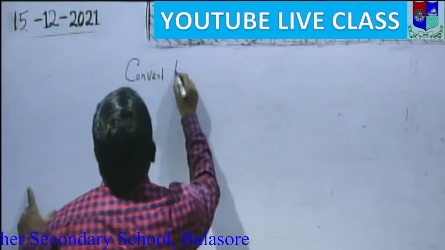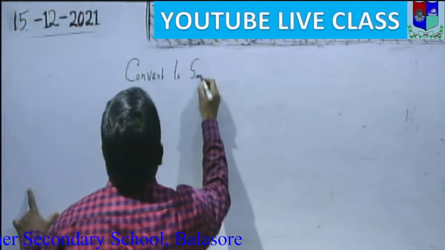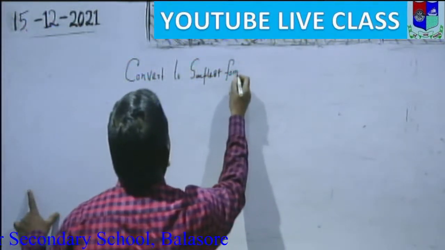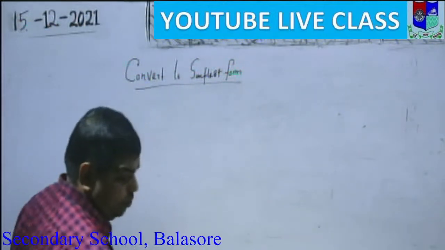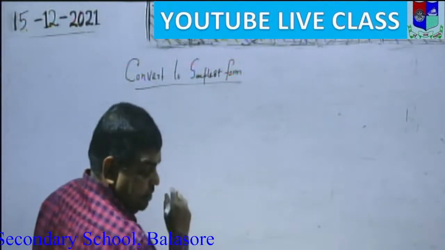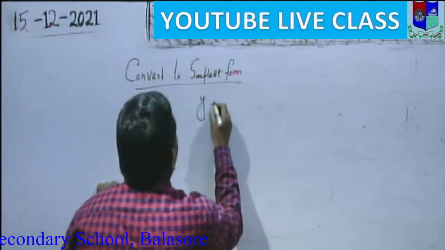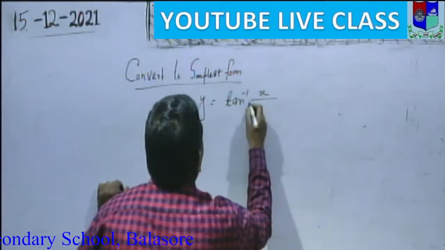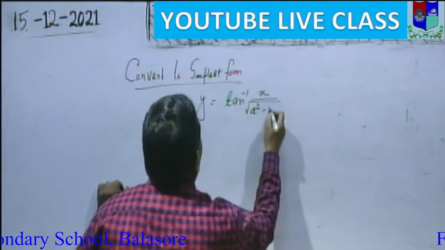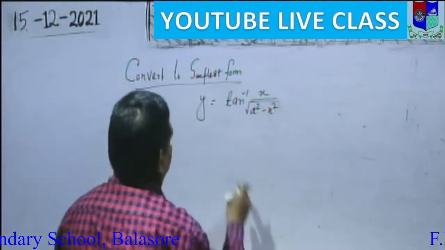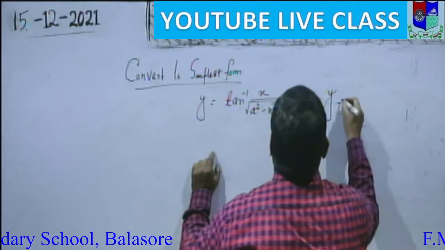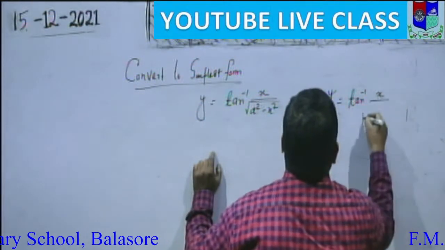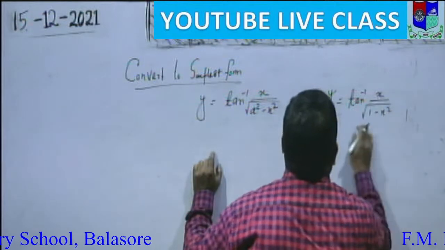Now convert to the simplest form. y is equal to tan inverse x by square root of 1 minus x square.